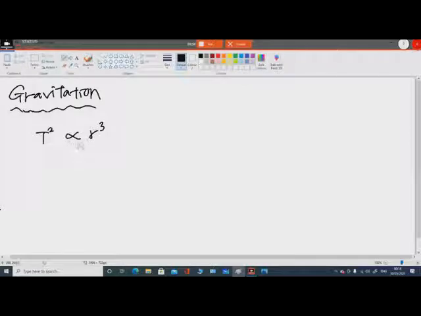So it means that the larger the radius, the bigger the orbit of the planet, the longer is the period of revolution for the planet. Okay, let me give an example. So let's say Earth.